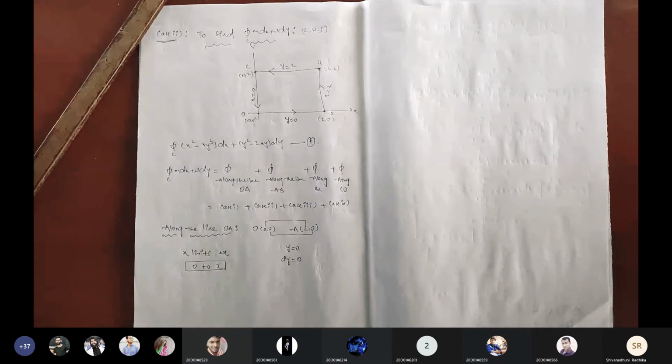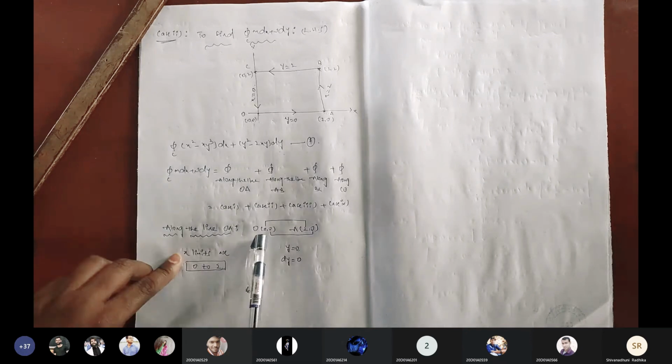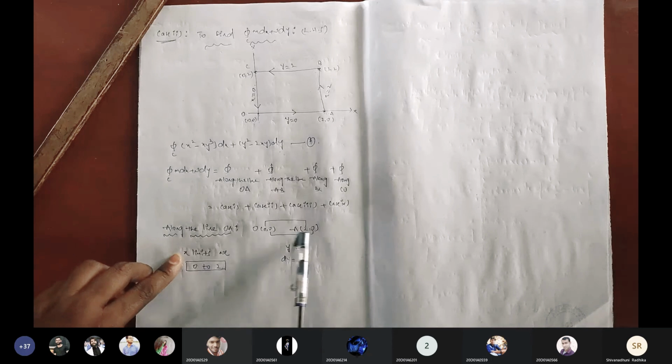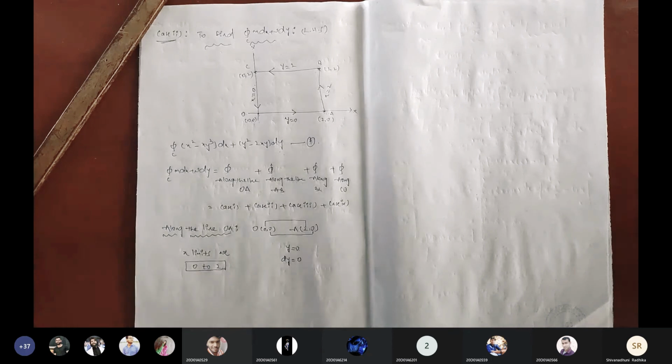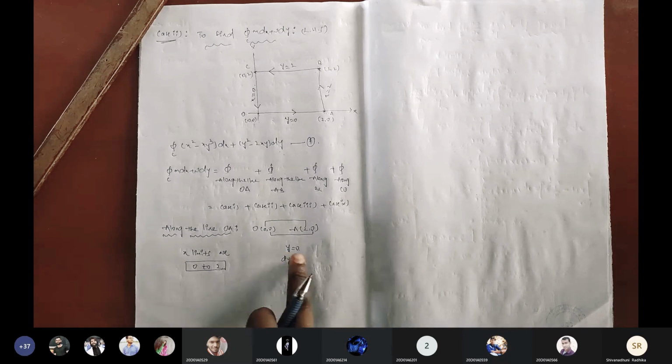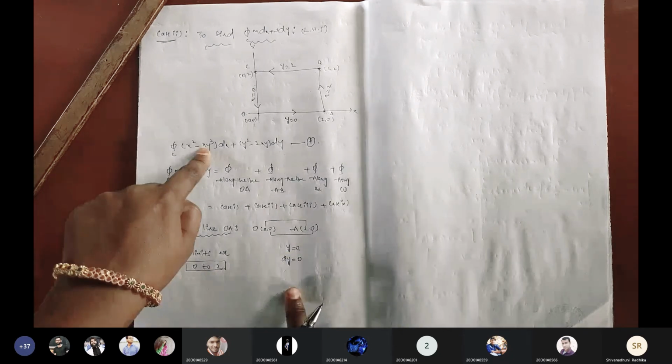Then after, we have to take the limits of another variable. See, the variable limits are different. So those limits are 0 to 2. Any doubts in this? Now, one variable is eliminated in the line integral.